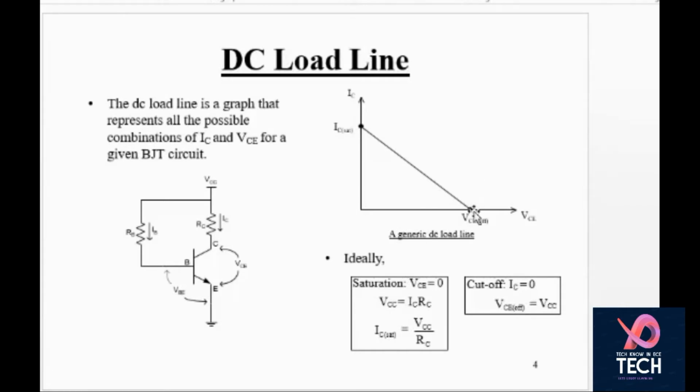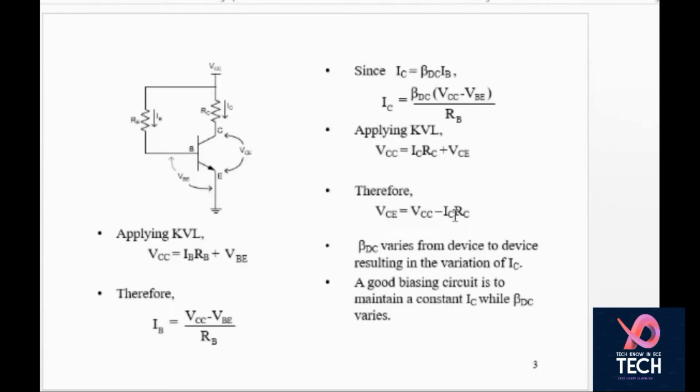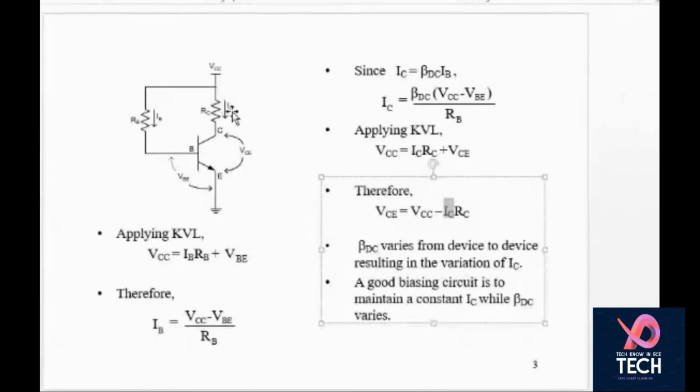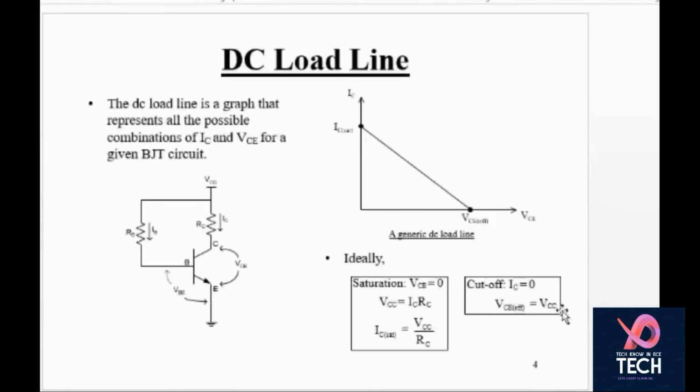Next, if you want to mark the point here, it means IC is equal to 0. If in this equation you substitute IC equal to 0, this gives you VCE is equal to VCC. That means if there is no drop across this resistance, the entire voltage will be available at this particular point. So your IC is equal to 0 and your VCE is equal to VCC.